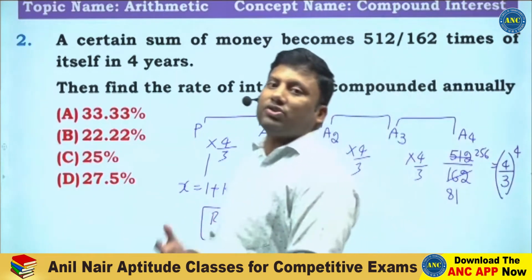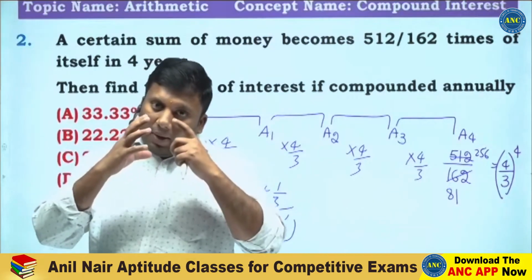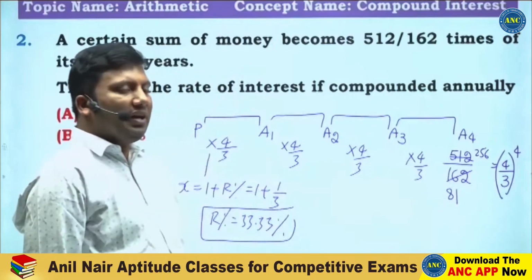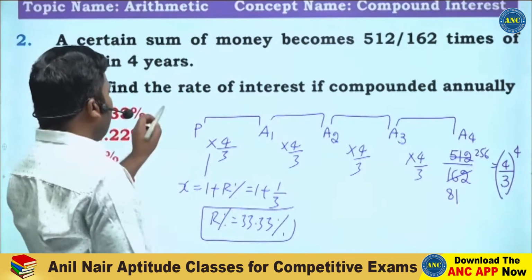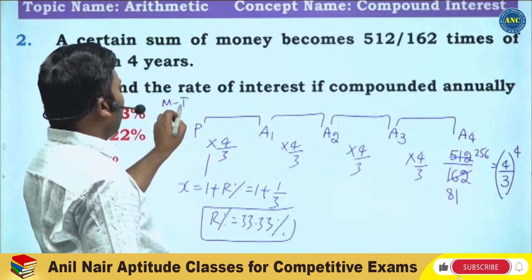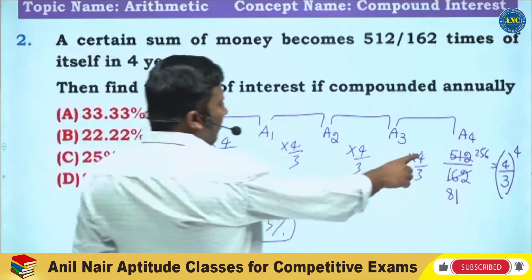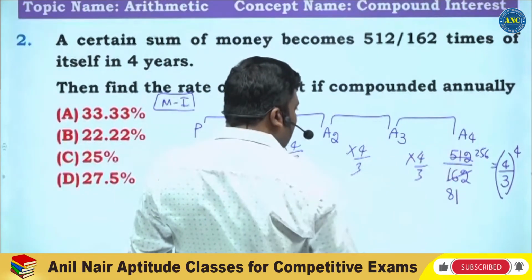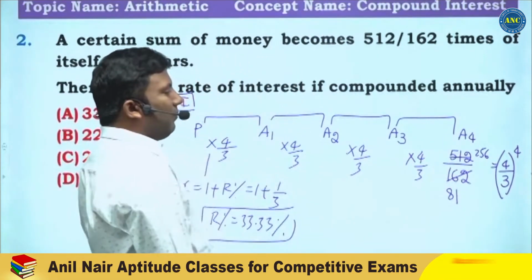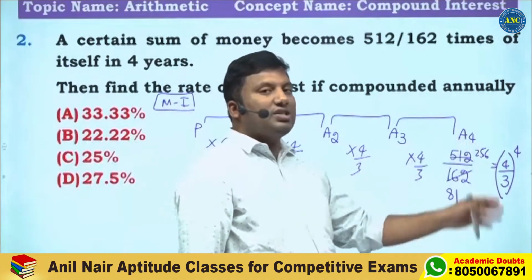In fact, you can also use the P power n and A power n concept. That is what I used in method 1, though I was not showing it inherently. It is 512 by 162, which is 4 by 3 power 4. After 4 years, it is power 4.